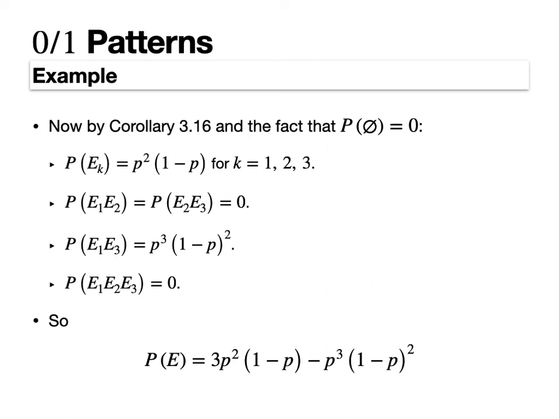And then finally, E1, E2, and E3 can't happen simultaneously because E1 and E2 can't happen simultaneously. So plugging that into the inclusion-exclusion formula, we find that the probability of E is given by 3 times p squared times 1 minus p, then minus p cubed times 1 minus p squared.